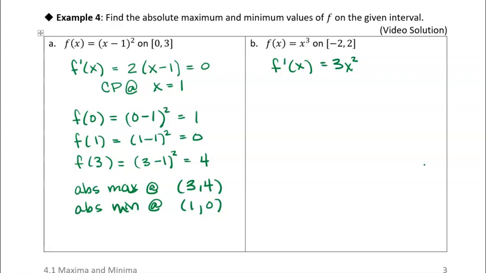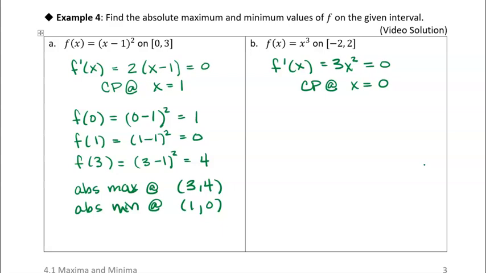Set that equal to 0, and we find that we have a critical point at x equals 0, because when x is 0, the value of the derivative is 0.